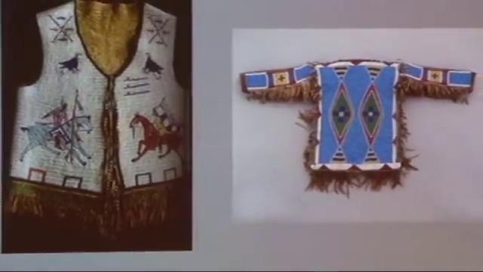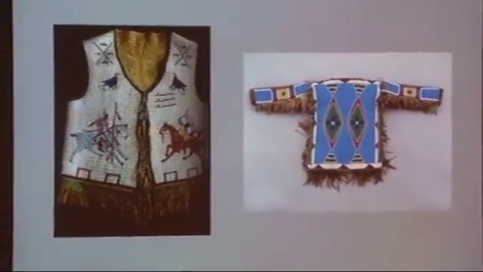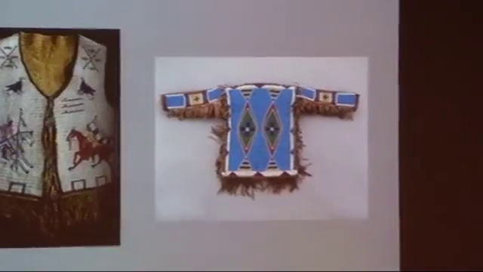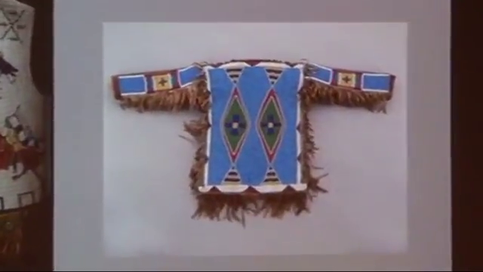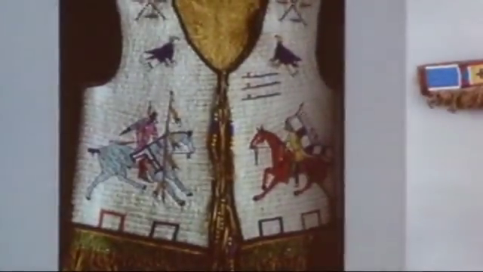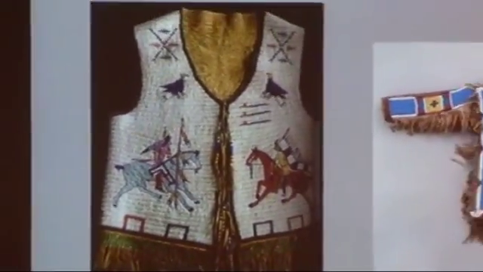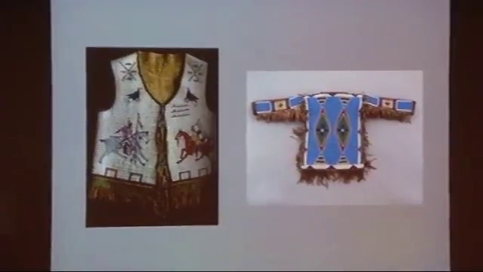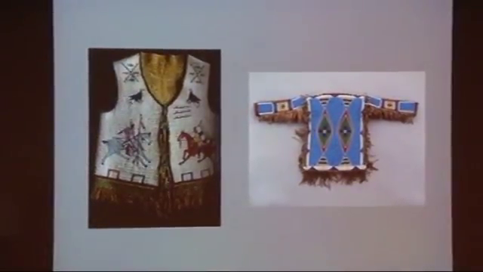Two pieces of clothing. On the far image is a Crow boy's shirt, and close to me is a Lakota vest, fully beaded. Besides the fact that these are very beautiful, they also represent a design system, if you want to think of it that way, that has been expressed in a different medium.